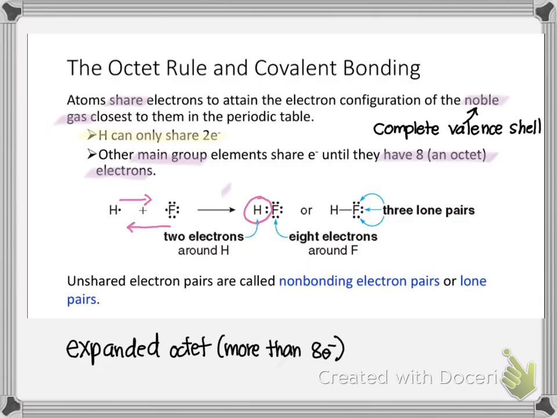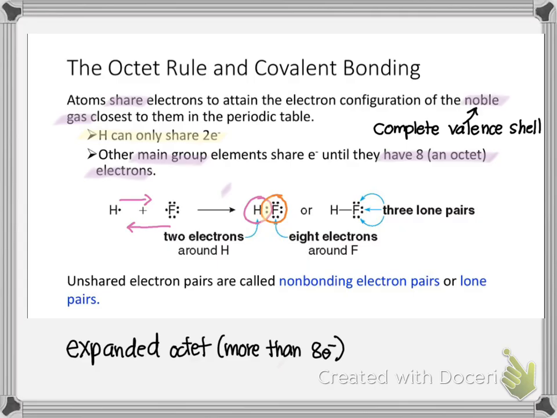Hydrogen looks out and sees 2 electrons from that sharing, and so it feels like it's satisfied and stable. And the fluorine looks around it, and it also looks at 8, so it also thinks it's stable. And it's this pair in the middle that is the single covalent bond, and it is being shared.